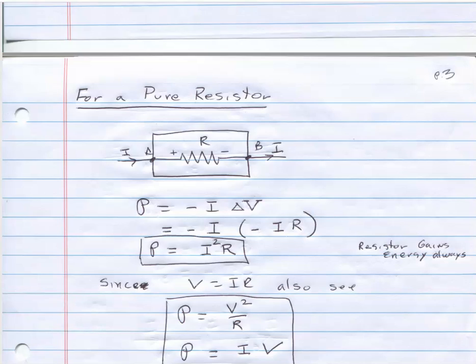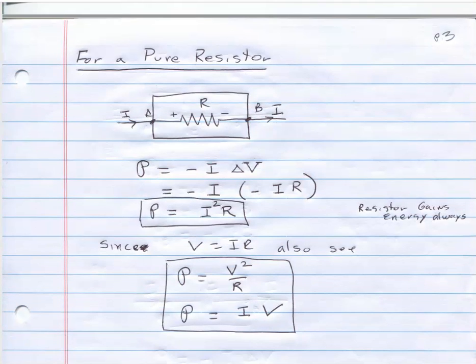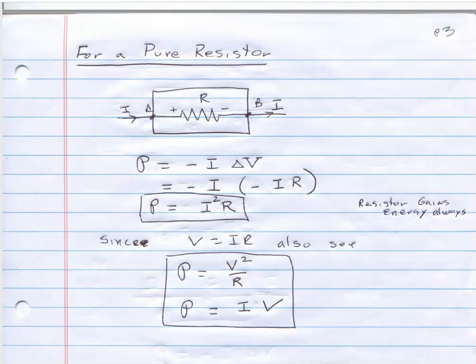For a pure resistor, we have the following. Let's suppose what's in the black box now is just a resistor, and I've got a current I going through here. Remember, with resistors I can mark the polarity.